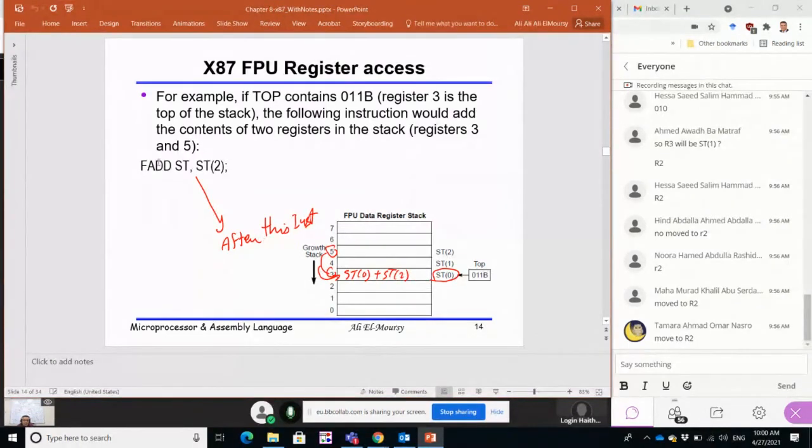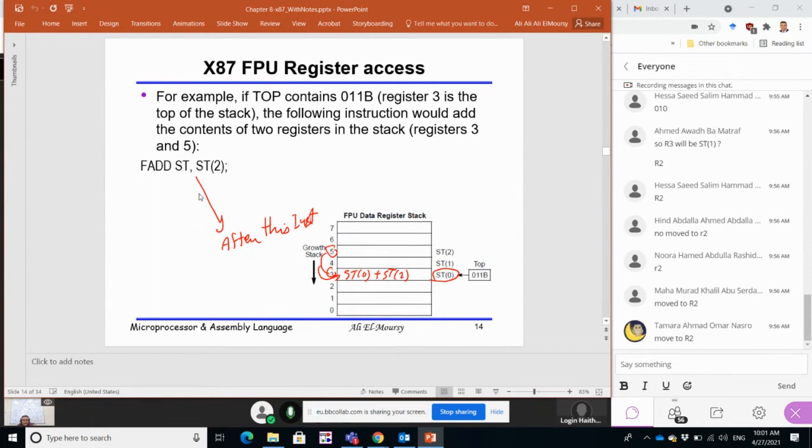The F add will go and read the value of ST0 from the register, and read the value of ST2 from the register, and send ST0 and ST2 to the adder.